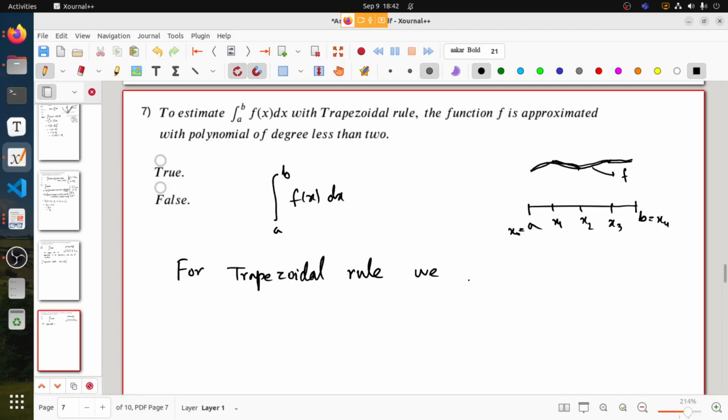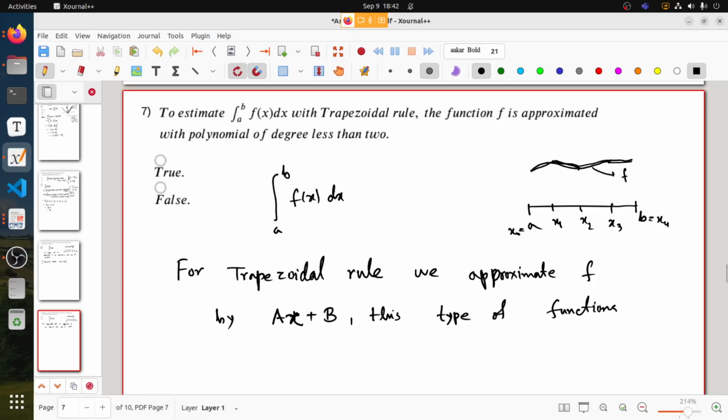We approximate f by linear functions, means ax plus b, this type of function. And this has degree 1, right? So it is a polynomial of degree less than 2, that is, degree 1.